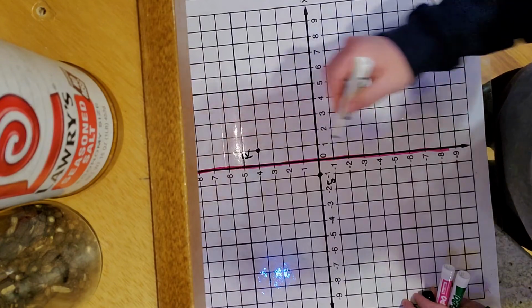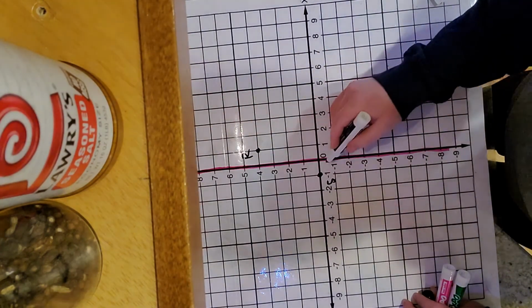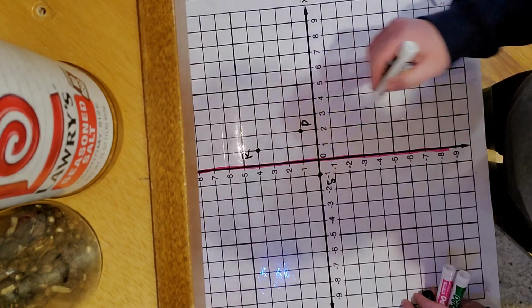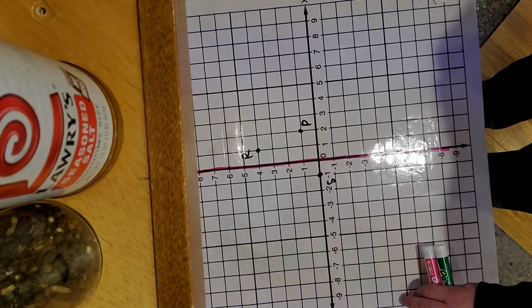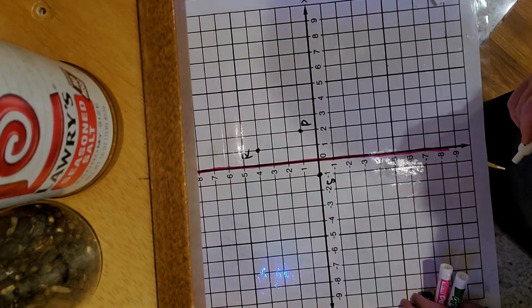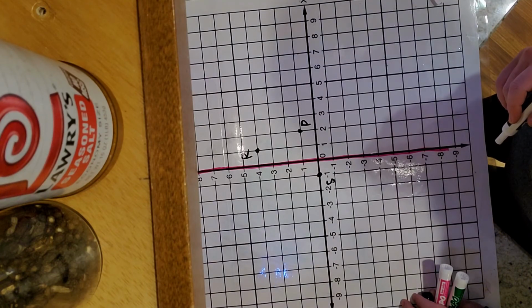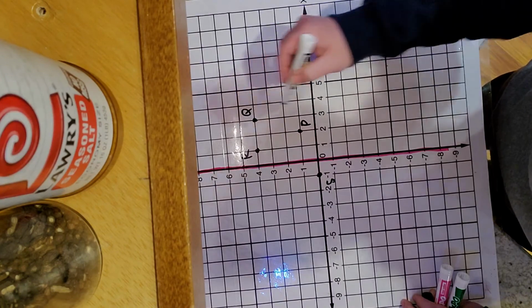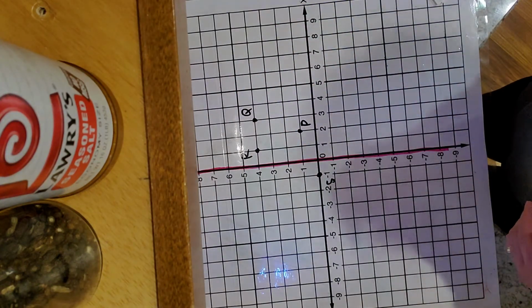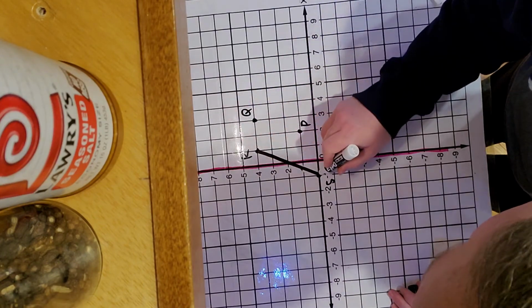So there's R. Point P is at 2, 1. So that's point P. And point Q, I think that's supposed to be. Looks like an O though. Is at 3, 4. So it's right there.